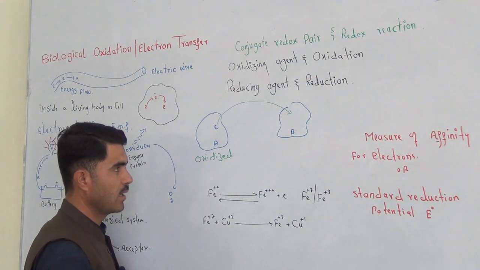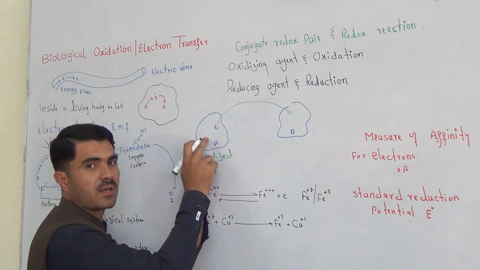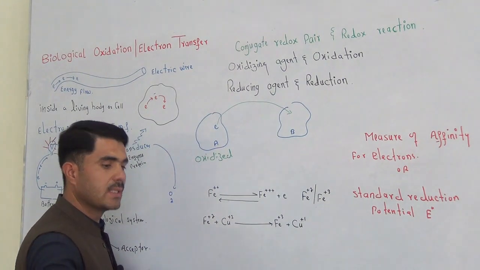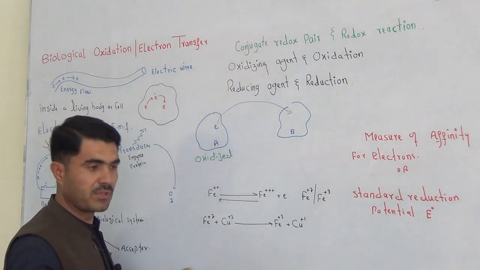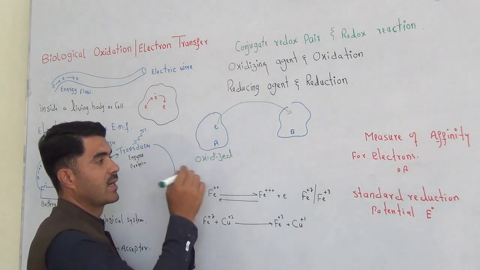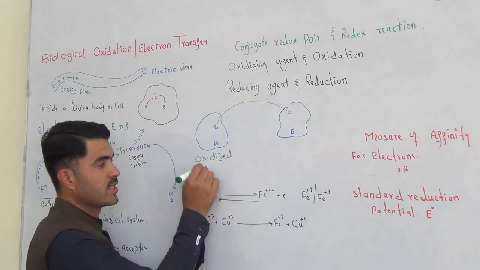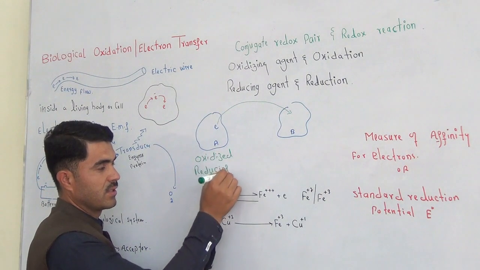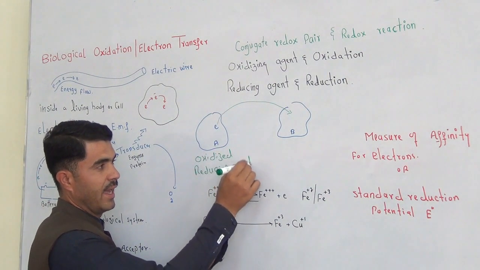And such a substance which releases its electrons, which gives its electrons to others, will be called a reducing agent.